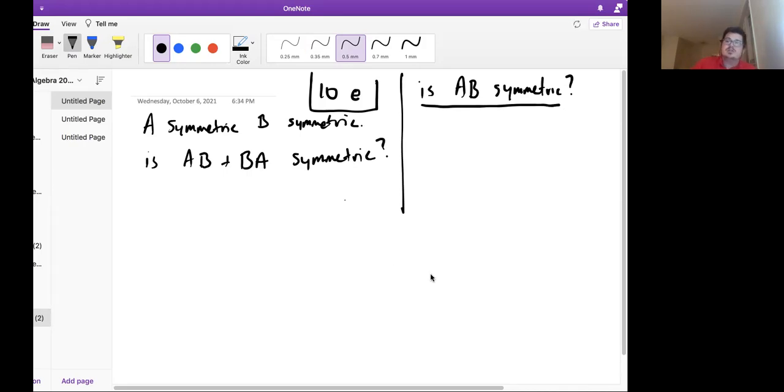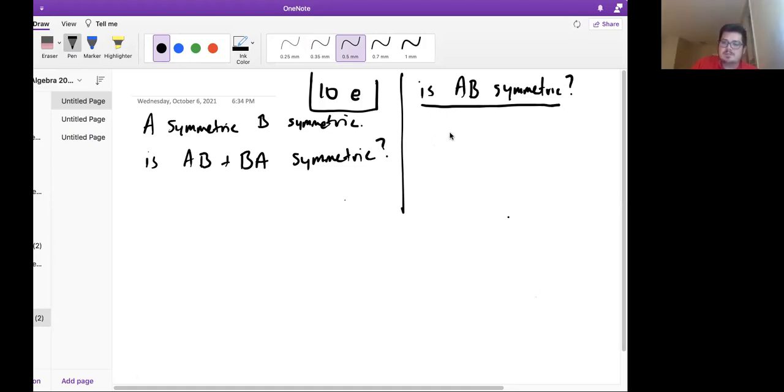What you could do is go through the definition of being symmetric, which is what, by the way? What does it mean for a matrix to be symmetric? Remember that?